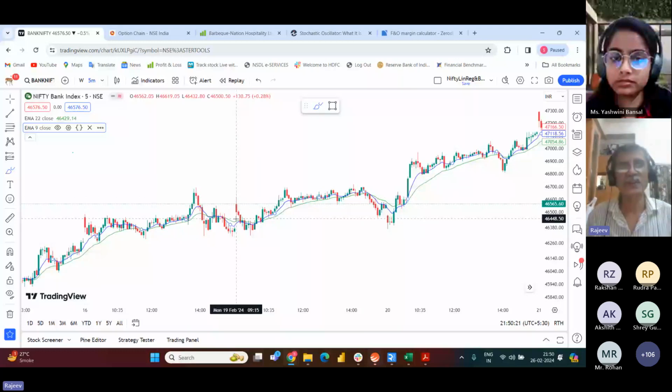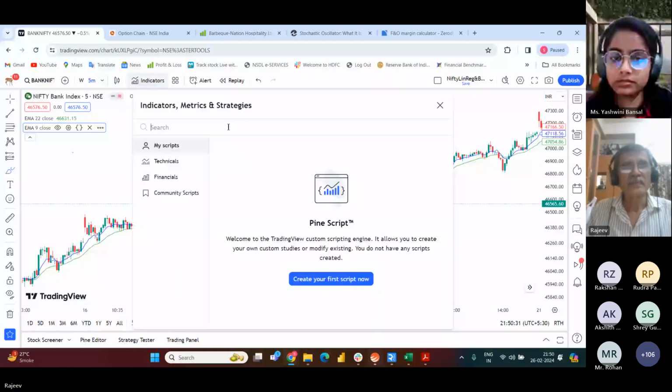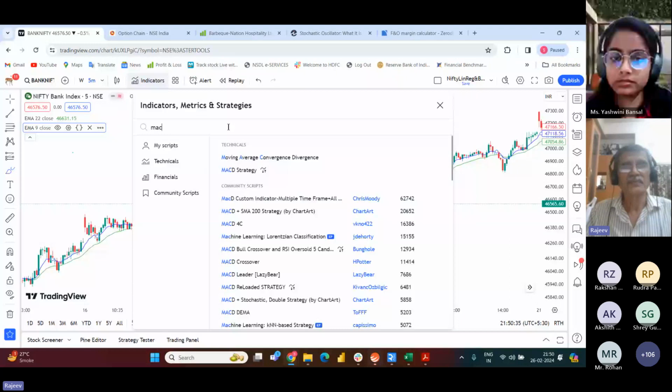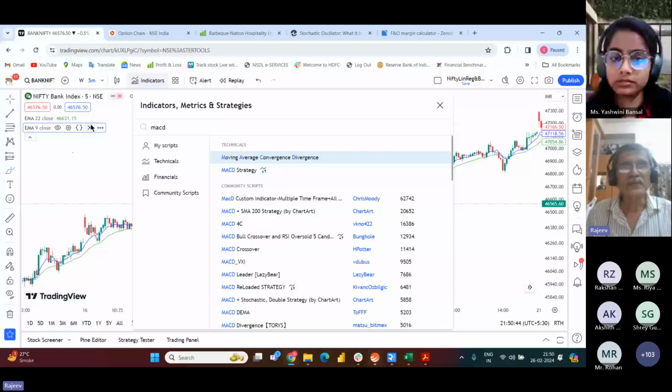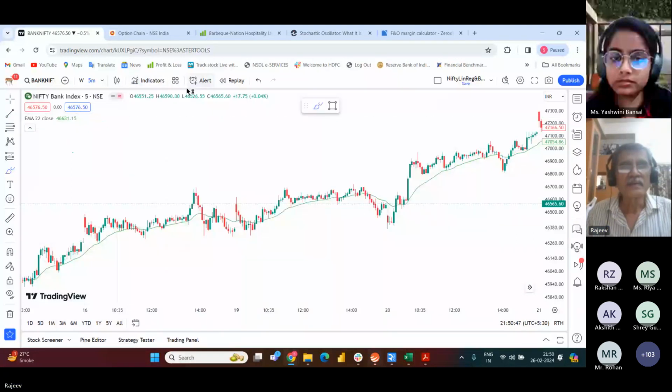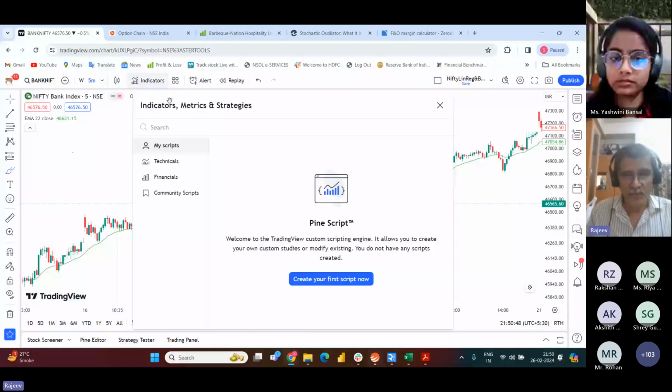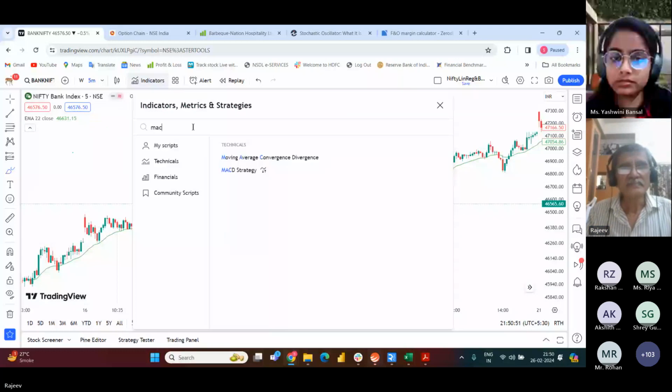So this is the example of indicators. Similarly, there is another type of indicator, for example, MACD, the famous moving average. I'm just throwing some names at you, but you can read them later once you get some time.